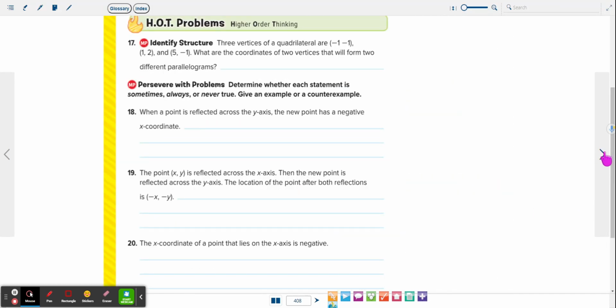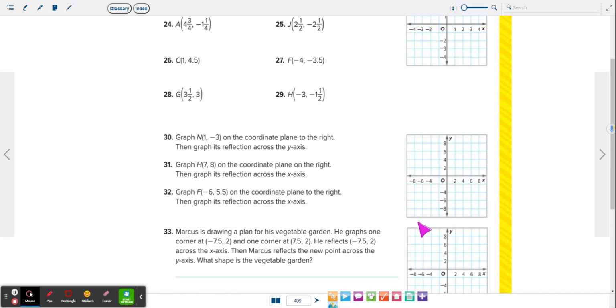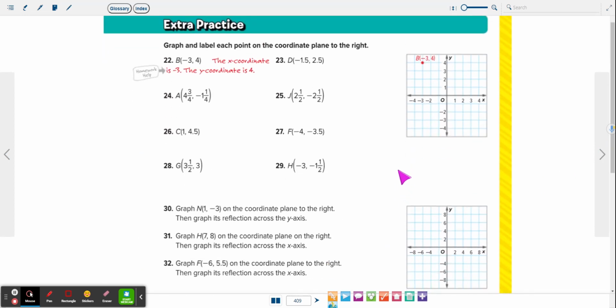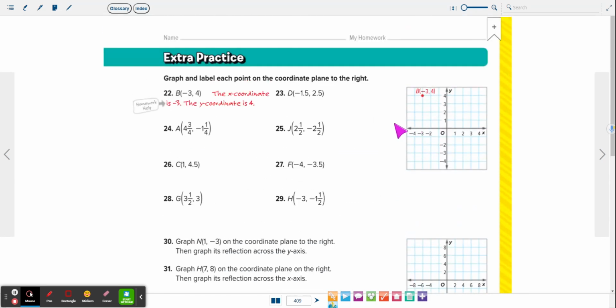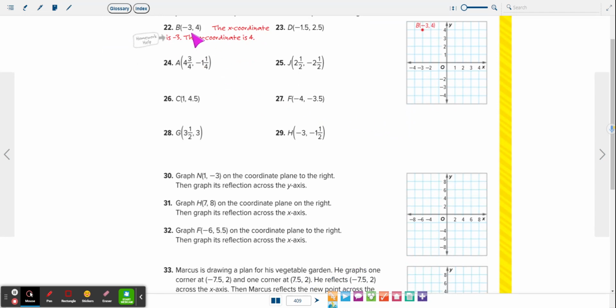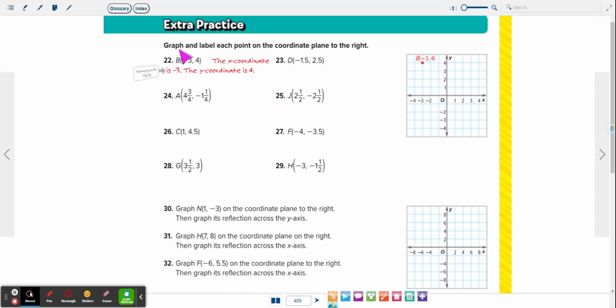Let's look at your homework. It is page 409. And let me just double check here. We are doing 23 to 35. That's all of them. They've done 22 with you. It says graph and label each point on the right. Okay. So B, -3, 4.